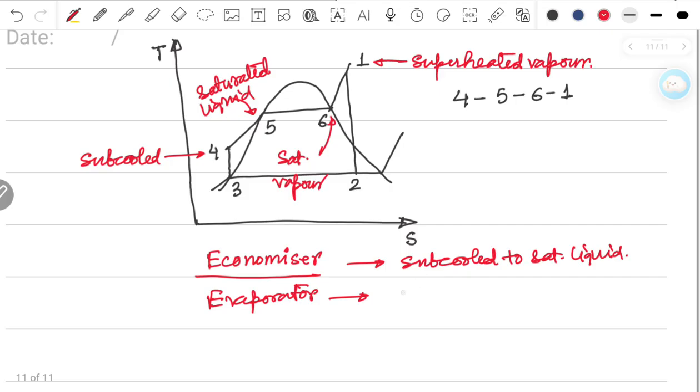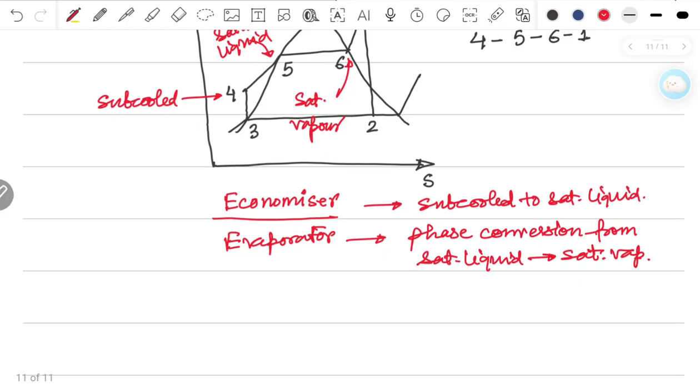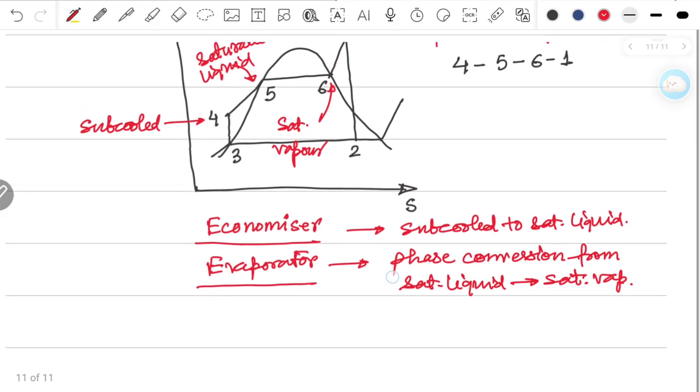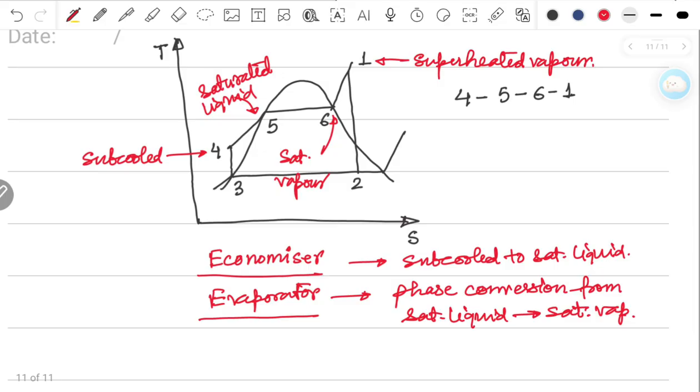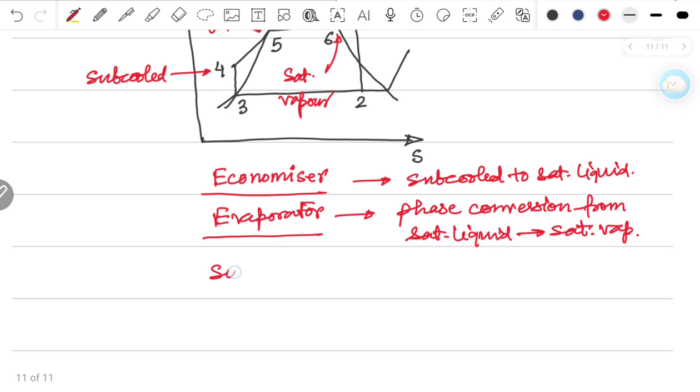Here the phase conversion from saturated liquid to saturated vapor happens. So this is your evaporator section, and after it becomes fully saturated vapor, whatever energy we give to it will result in an increase in the temperature of the vapor, and that is done in the superheater.